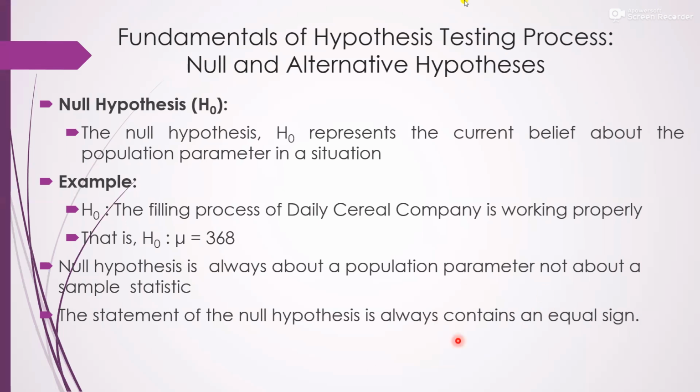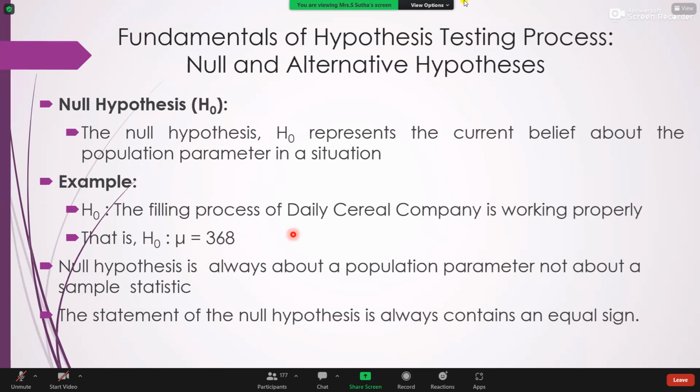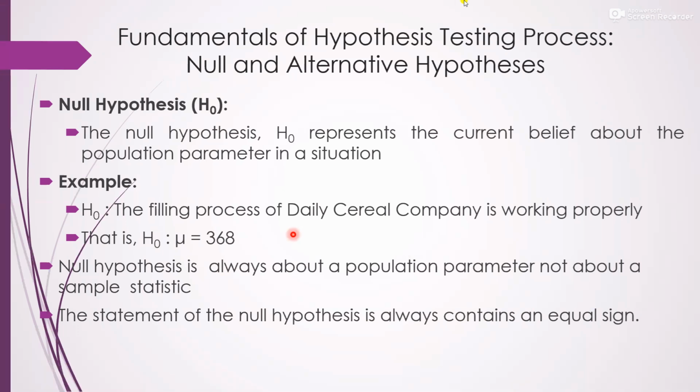So this is the main characteristic of the null hypothesis: it has an equal sign. Mu is equal to 368. If it were mu not equal to 368, we can't specify it as the null hypothesis. The null hypothesis should always contain an equal sign that represents the current belief about the population parameter in a situation.